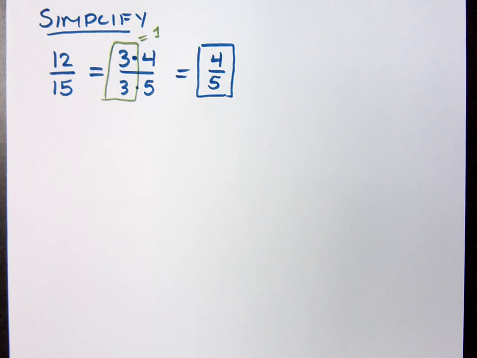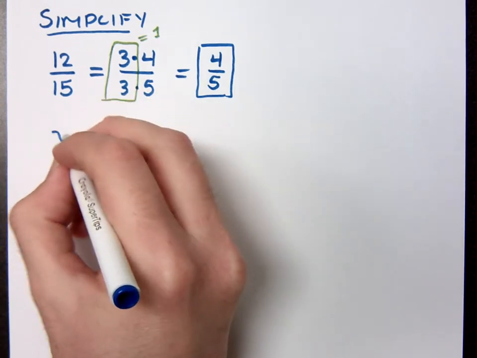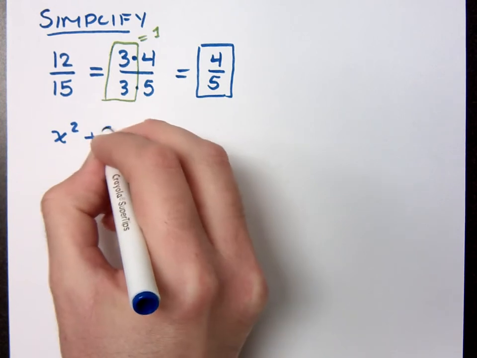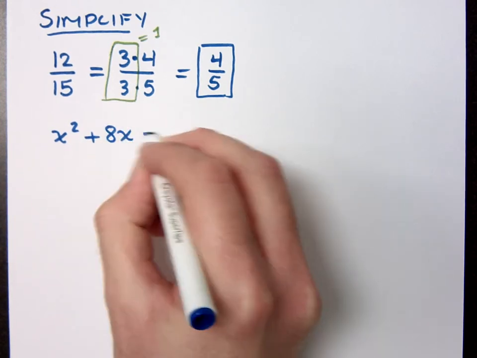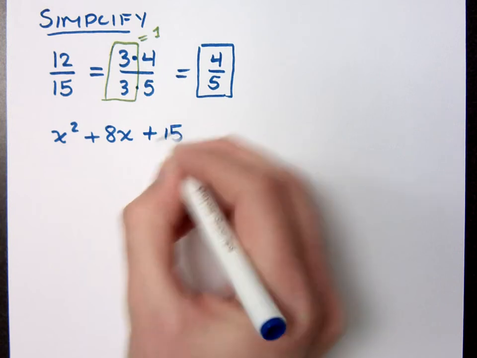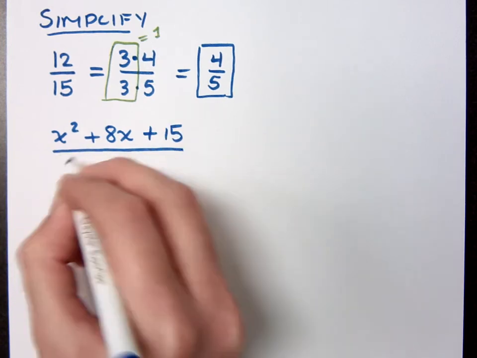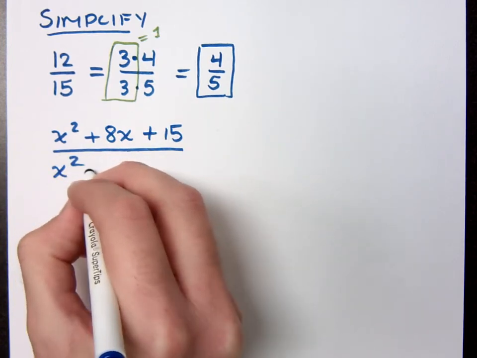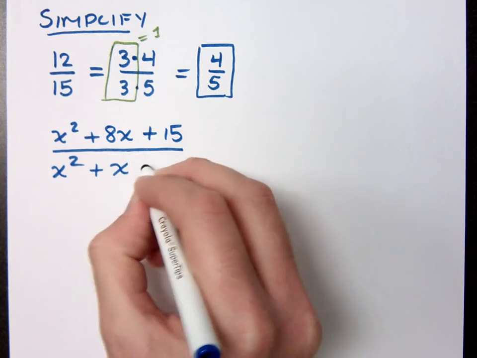So we can extend it to more complicated things. I could say something like this: x squared plus 8x plus 15 over x squared plus x minus 20.